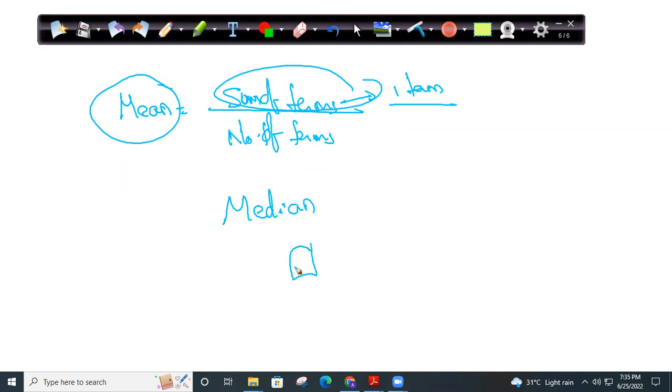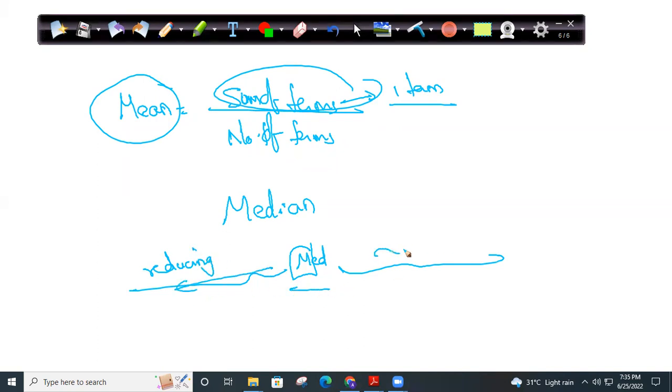Suppose this is my median. If you are reducing the numbers less than the median, the median will not change. If you are increasing the numbers greater than the median, suppose the greater numbers are 18, 20, 25 and I am adding 5 to make them 23, 25, 30, will the median change?